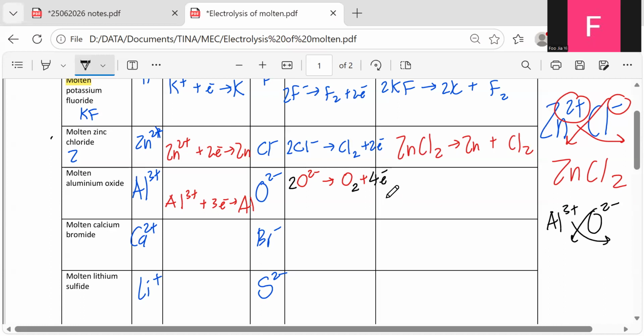Al3+ becomes Al plus O2. Balance the equation. Here got 3 oxygen, 2 oxygen. You put 3, put 2. 2 times 2 is 4. Okay?